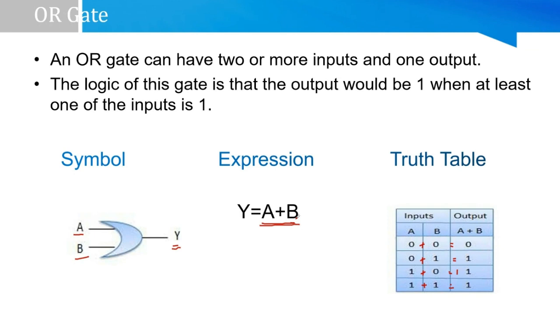Suppose consider that you have 3 trial rooms in the mall. Just for the example, I'm saying this will be 1, this will be 2, and this will be 3. Out of 3 trial rooms, if any one of the trial rooms is vacant, and people are waiting outside, they should know that any one of the trial rooms is vacant, so they can go and do the trial. So it should show vacant.